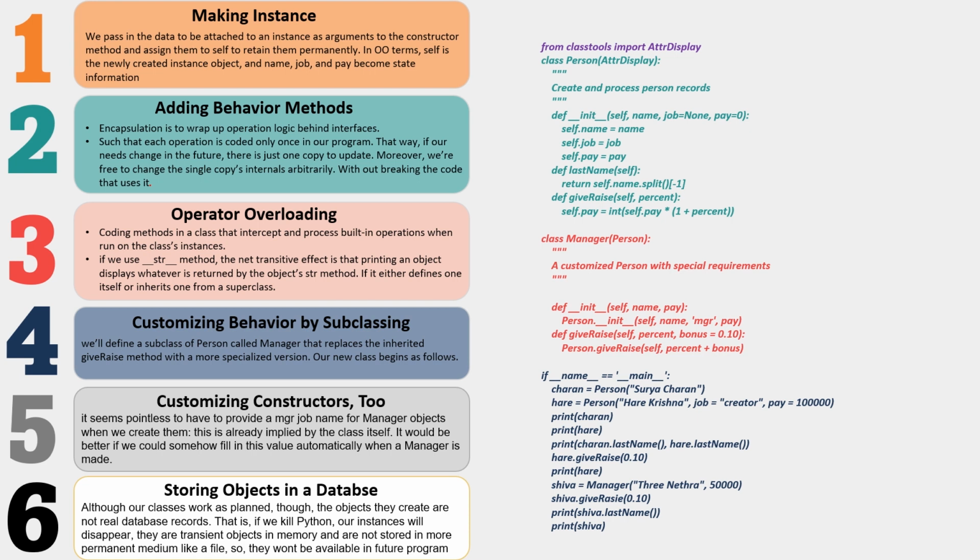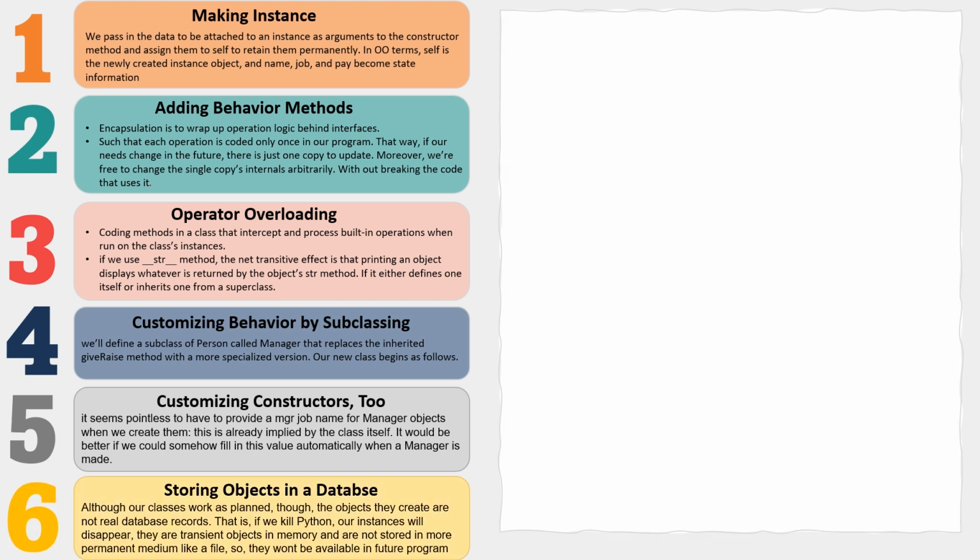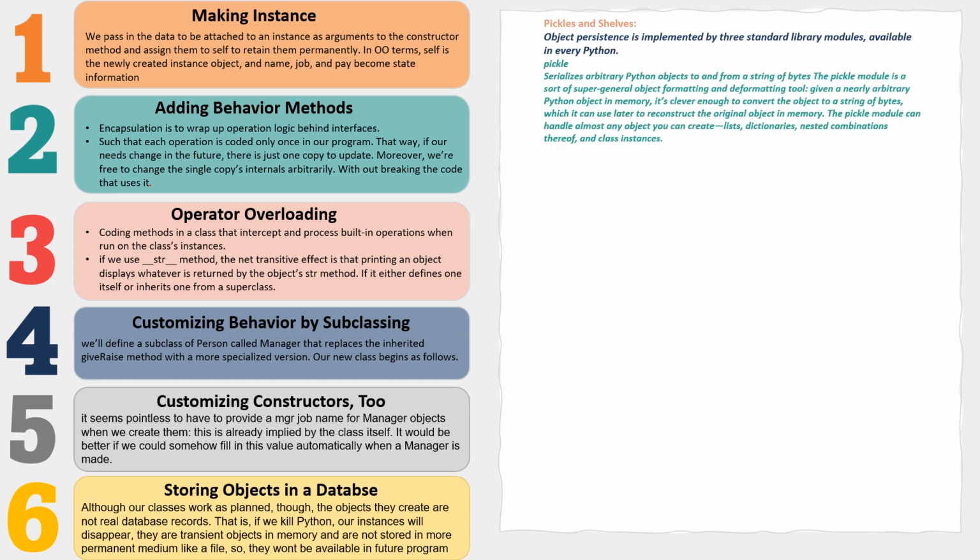As a final step in this tutorial, let's make our objects permanent using object persistence. Now, object persistence is implemented by 3 standard library modules that are available in every Python. The first one, the most important one, is pickle.